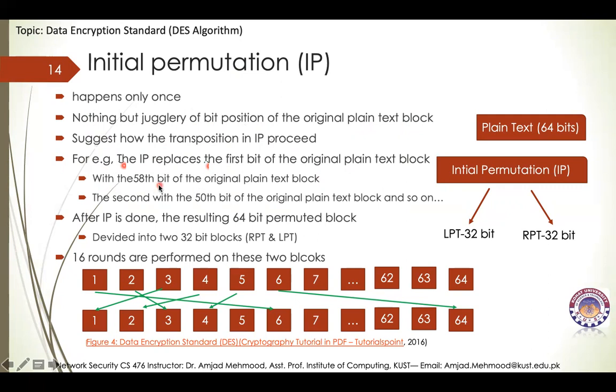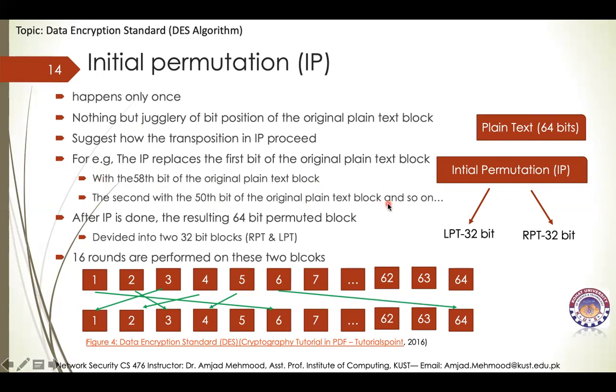This is a general example: you can see here that the first is replaced with the 6th one, and the 4th is replaced with the 2nd one. This process will go on, and all the bit positions will be changed. So the second with the 50th bit of the original plain text block, and so on.